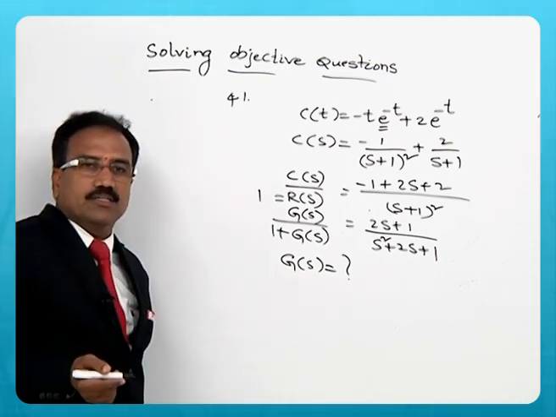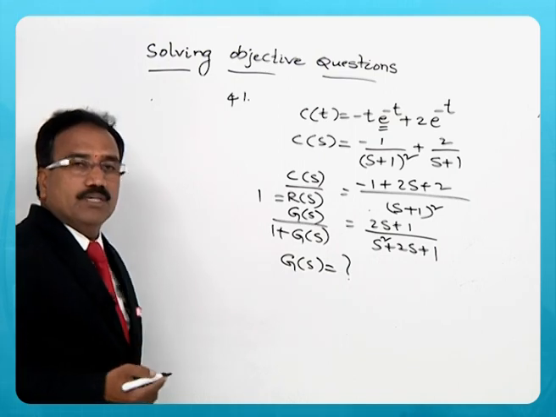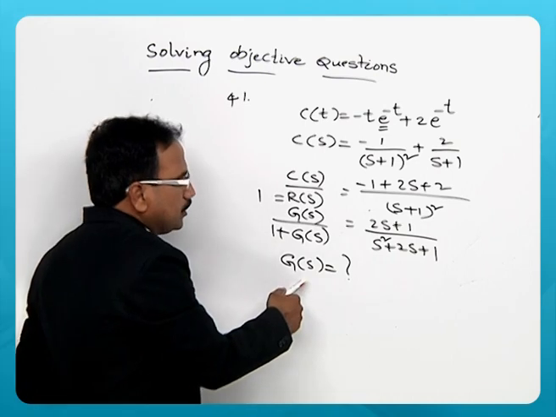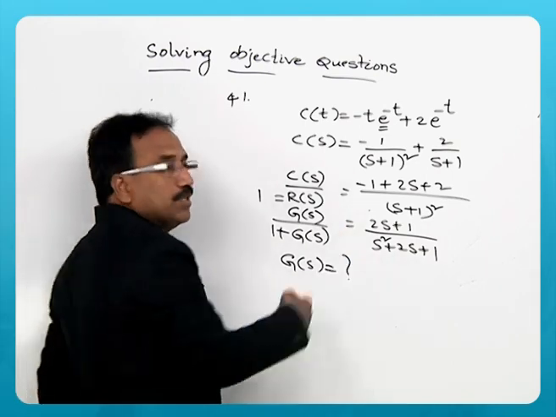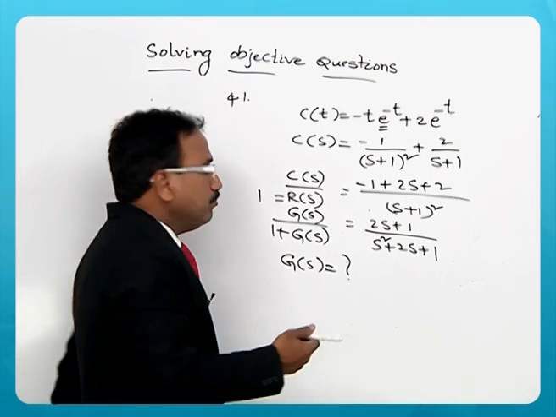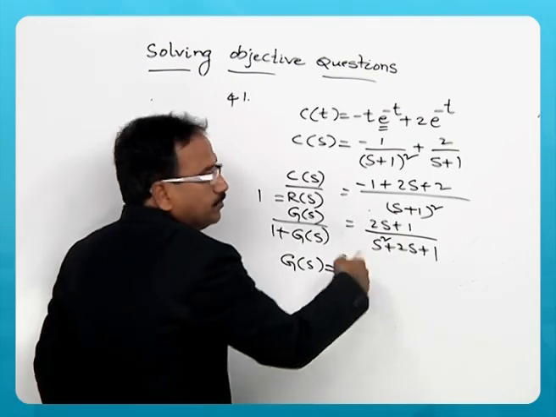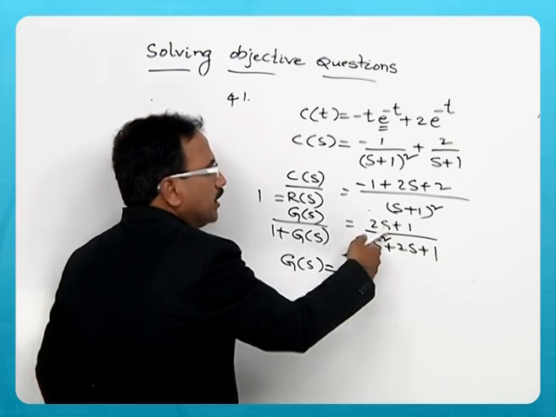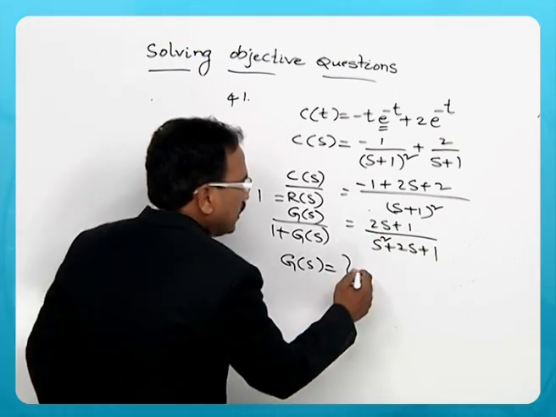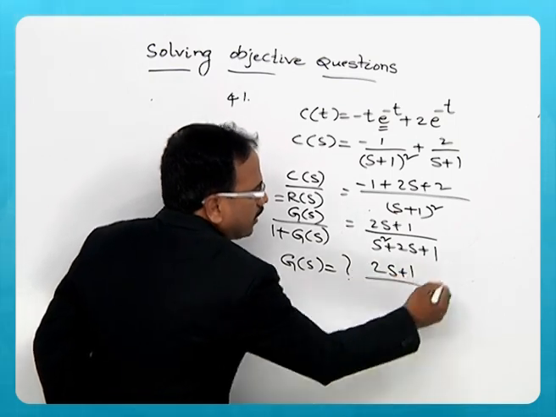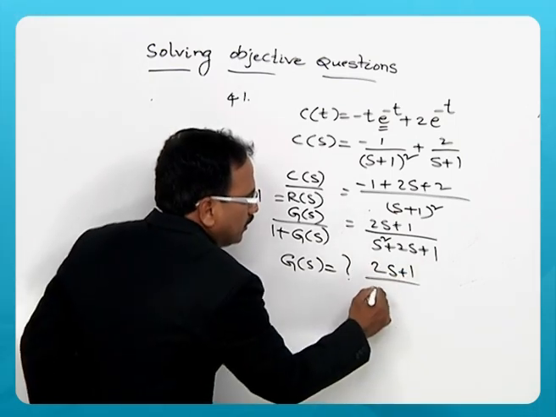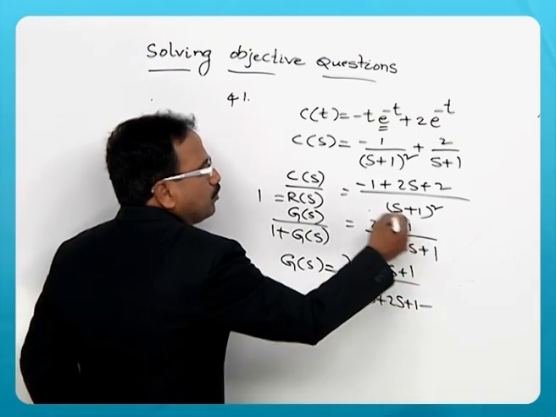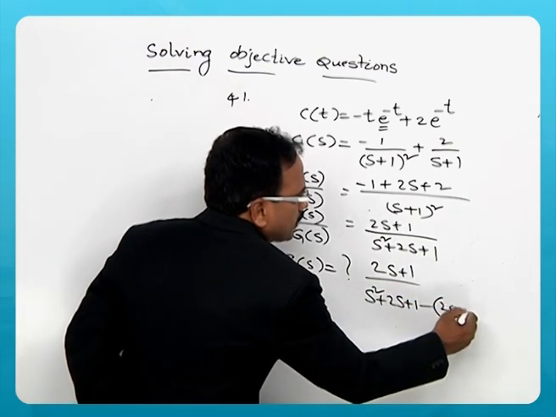Four options are given. Now you can always remember that when you have a closed loop transfer function like this, to get G(s), you need not do much calculation. What you can remember is, this numerator term you can write here in the denominator. You can subtract this numerator term from the denominator: 2s+1 as it is, and in the denominator s²+2s+1 minus this numerator function, that is 2s+1.